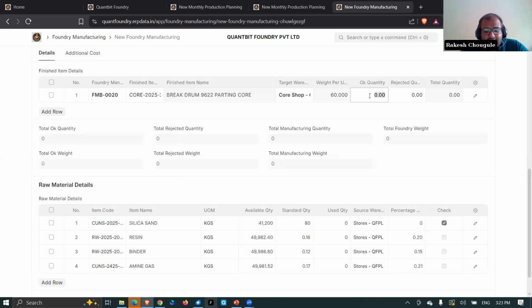Now I will add only how much quantity I have manufactured, what is the okay quantity, what is the rejected quantity. And I save it.